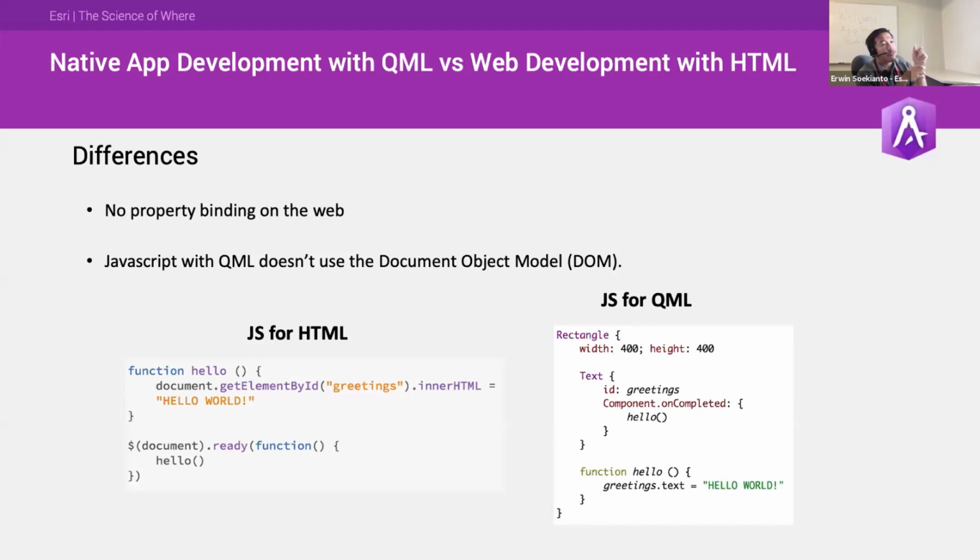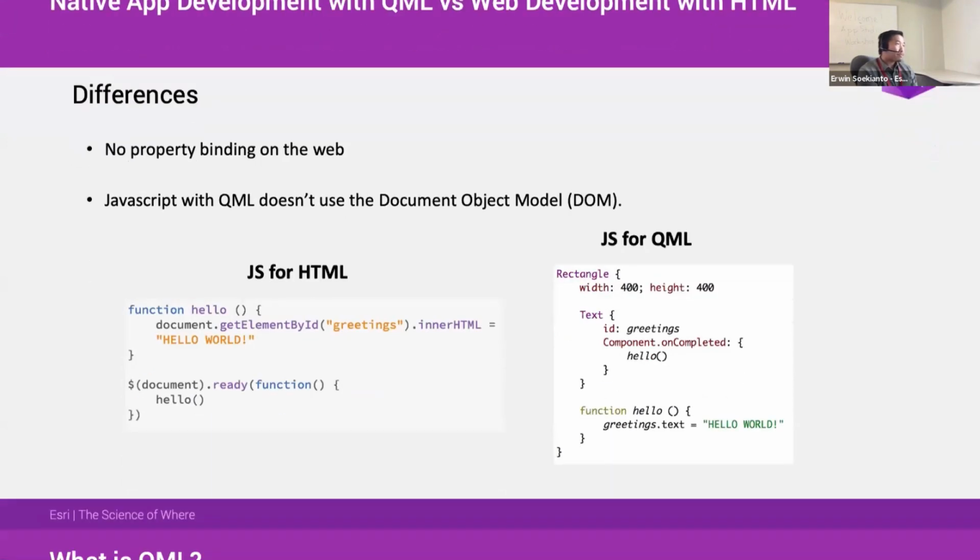The function hello has greetings.text, meaning that you're referring to the text component in QML that has the ID greetings, and then you set the property of this component, which is text, to hello world. You're going to see this later, but I'm trying to set the stage here.